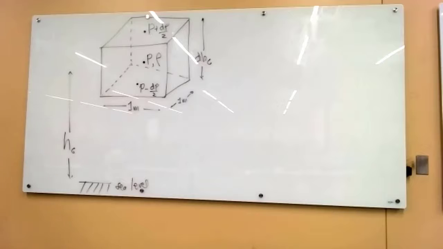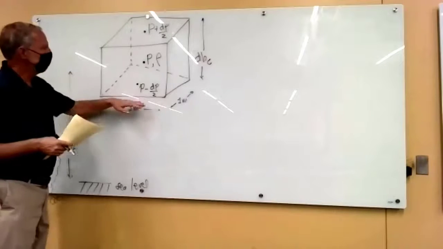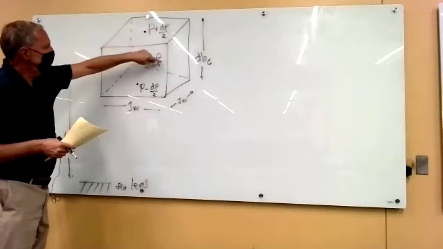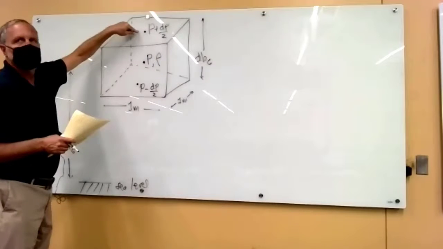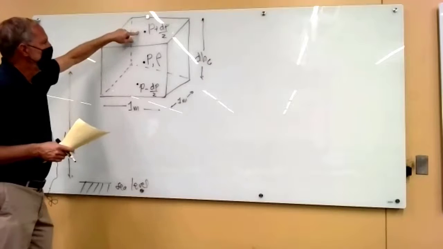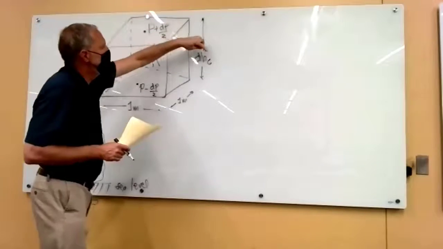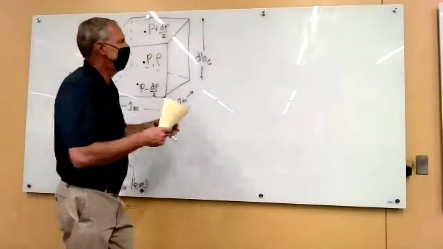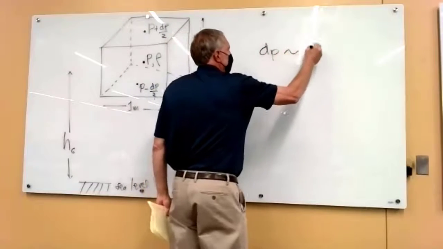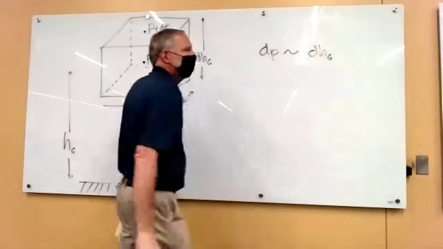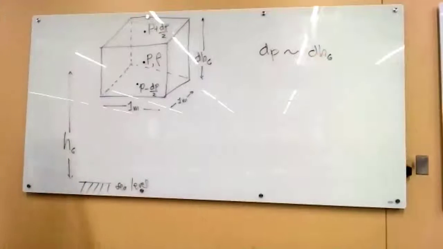And we're setting this up. We don't know what dP is. We're just saying here we know P and rho here in the middle. It decreases by an amount dP here, increases going up there. And then we're going to relate that dP to the change in altitude. So we're going to get an equation that relates dP to the altitude. And we already know it goes down, so we hope we get a negative relationship.